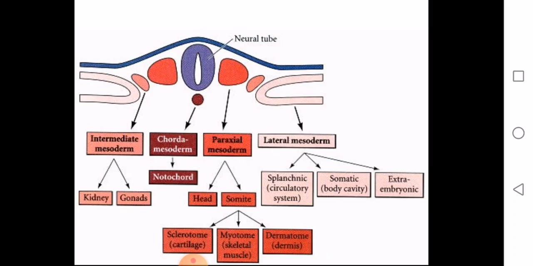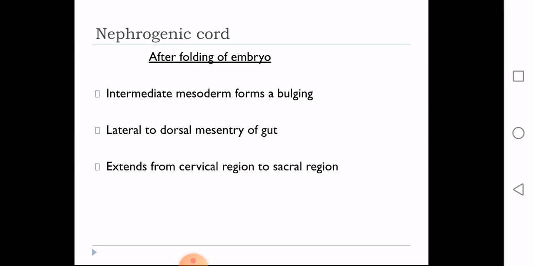So once this intermediate mesoderm is formed, how is it arranged? You know that after all the germ layers are formed, folding occurs. After folding, the intermediate mesoderm forms a bulging on your dorsal body wall.